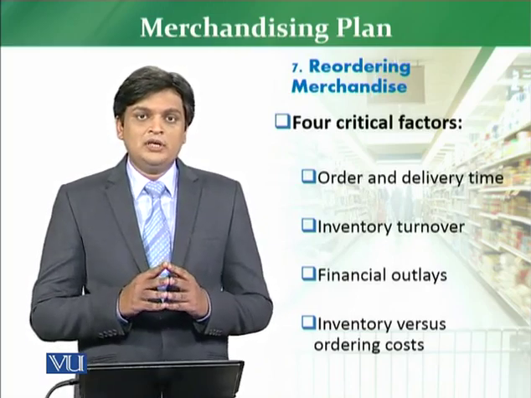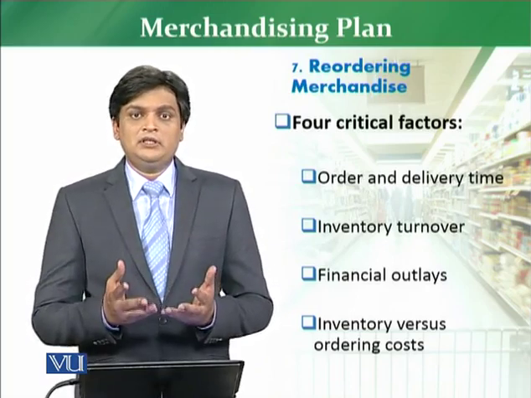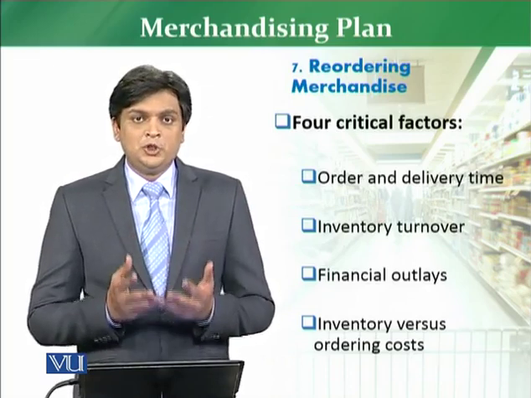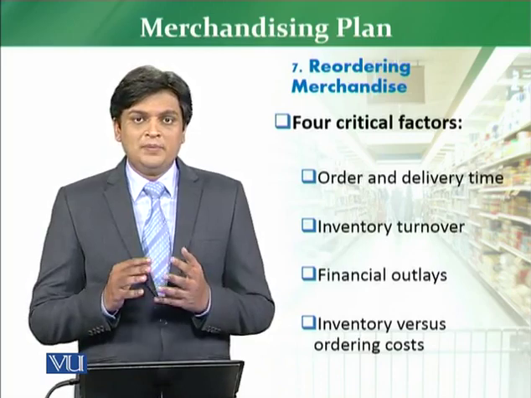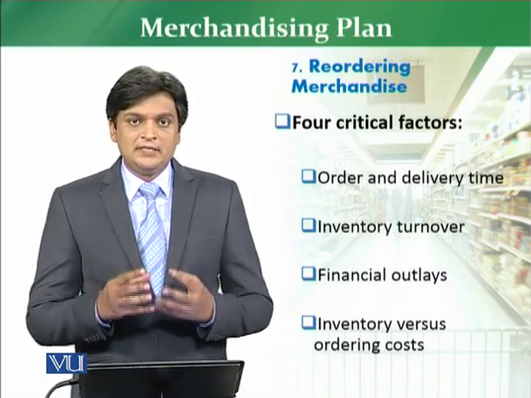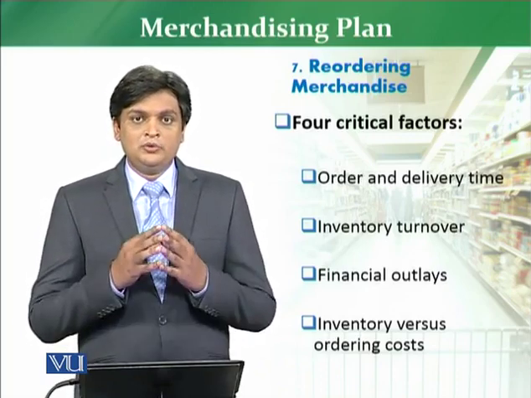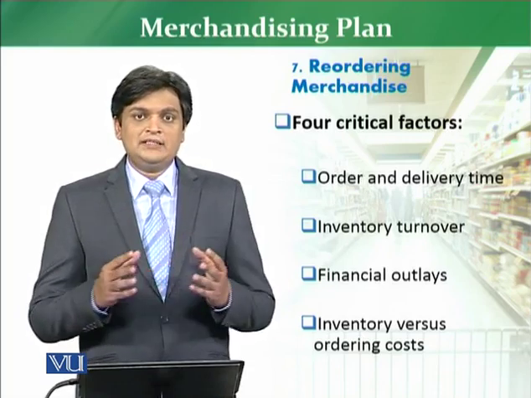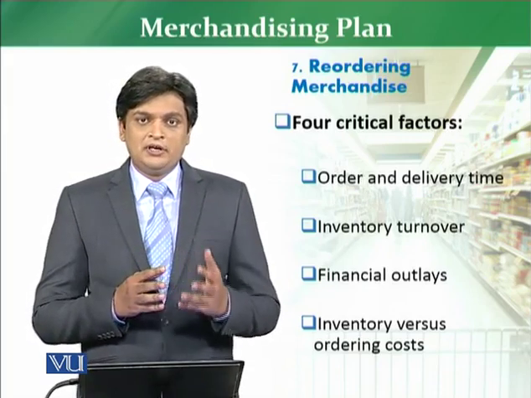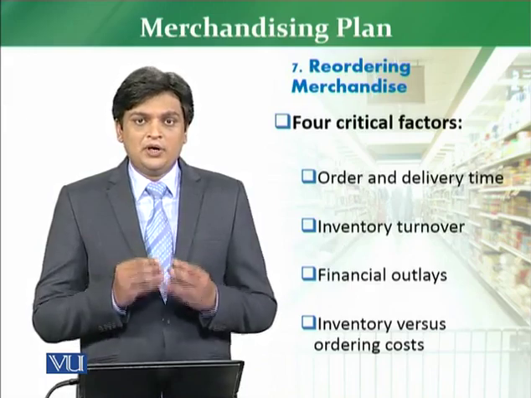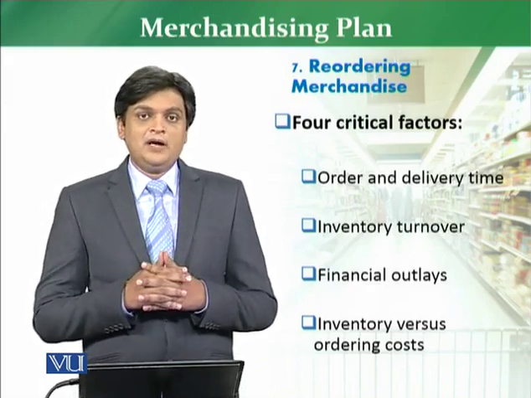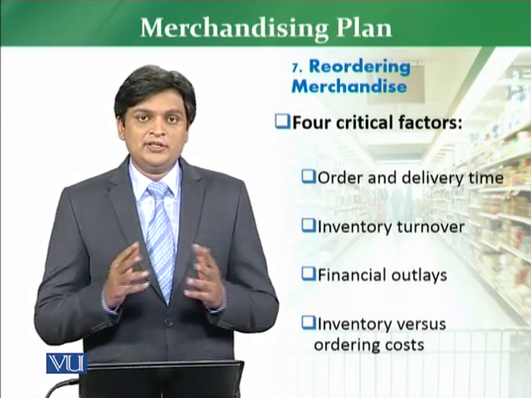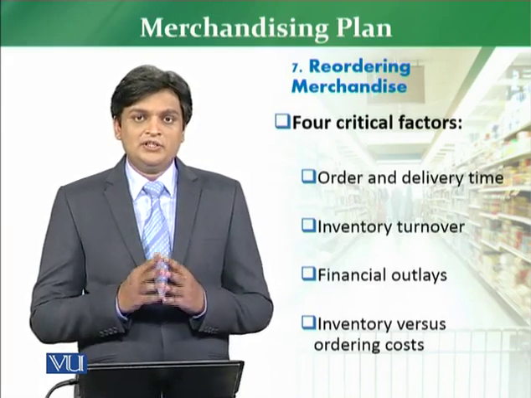If you talk about refrigerated products, of course the inventory turnover of such products is normally less. So on the basis of the product turnover, the rotation of the goods, it is decided what would be the ordering level, at what quantity you will order, and when you are going to order.